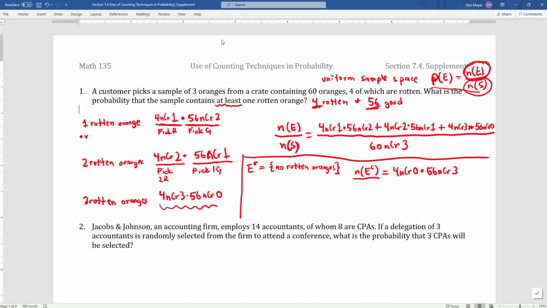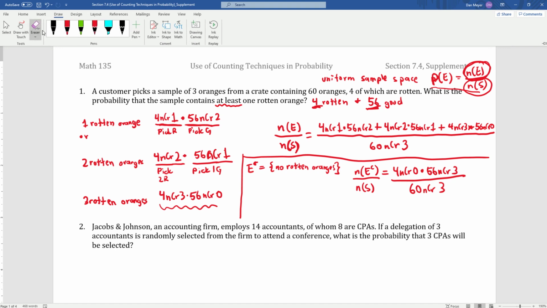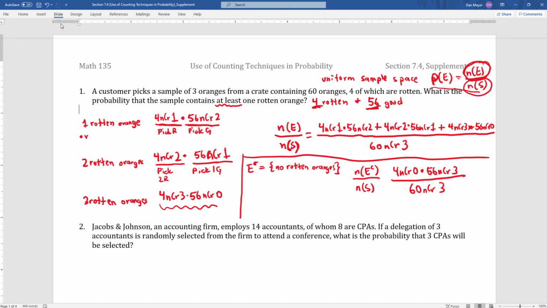If I also do the number of things in my sample space, it's still 60 choose 3. Same sample space. Both of these events are in the same sample space. And I guess I should have mentioned this up here. This is our probability of our event in this problem.